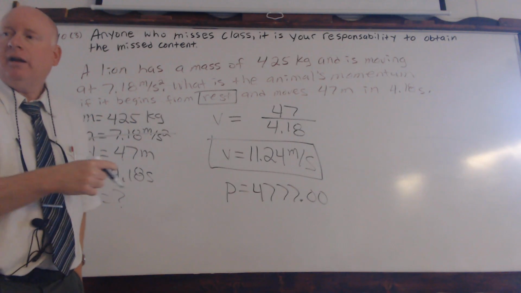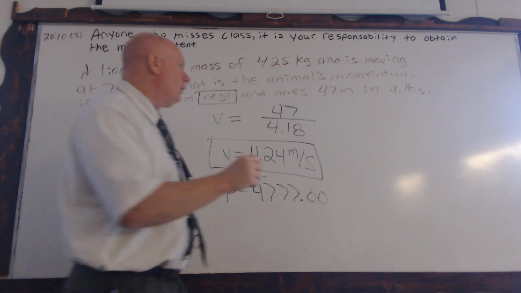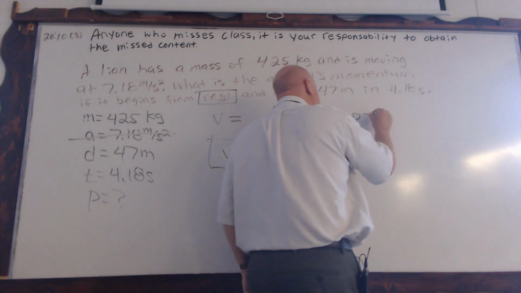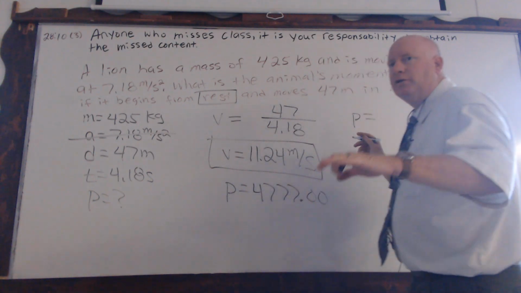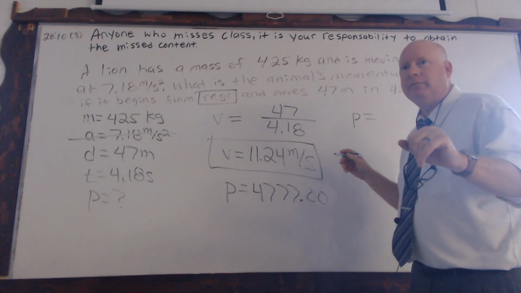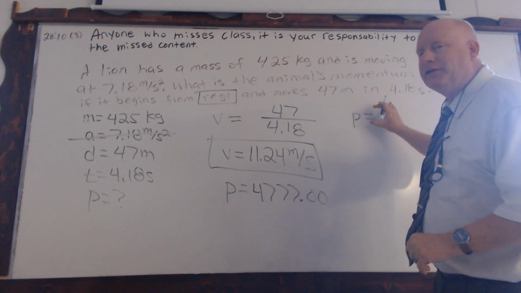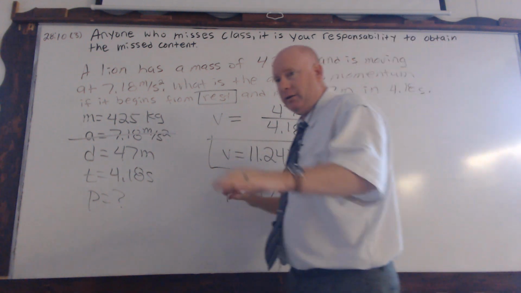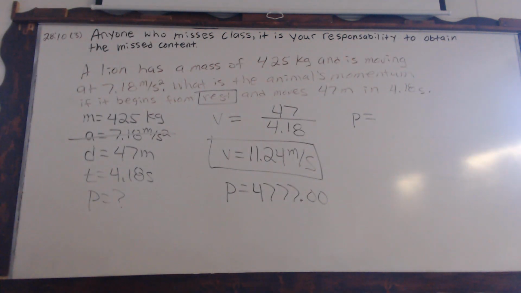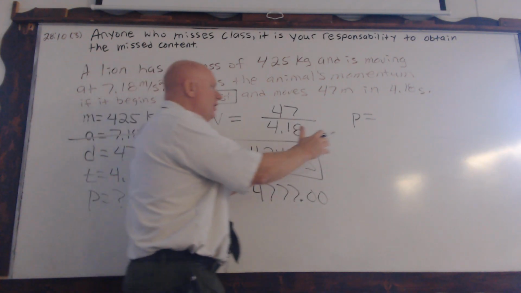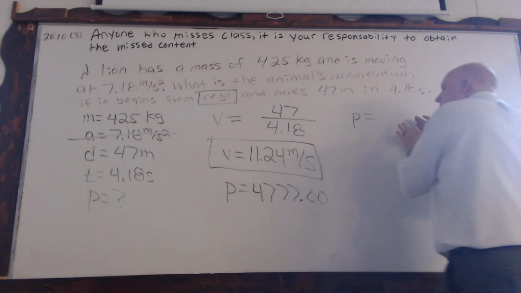Do you remember that formula you just wrote down a minute ago? What's on the right-hand side of that equal sign? The velocity and the mass. So we take that information and put it into this equation.